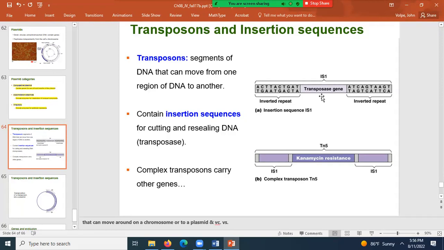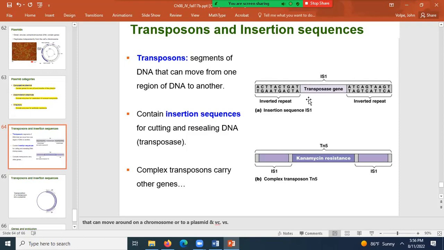What this enzyme does is cut the DNA where this transposon is, and then anneal the DNA back together. And then the transposon cuts the DNA where the transposon is going to insert. All transposons have these properties.